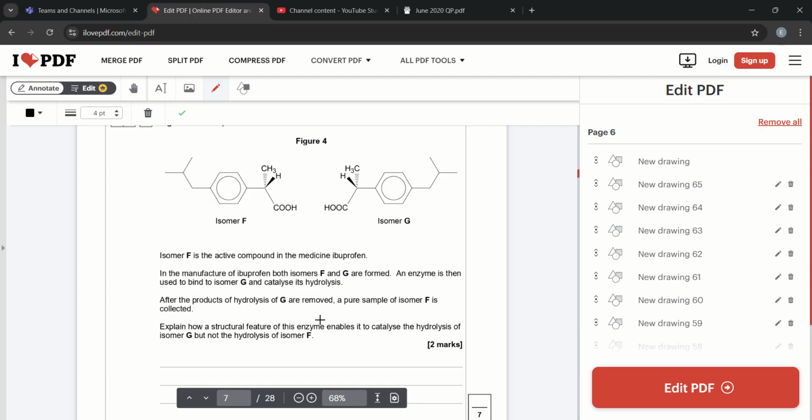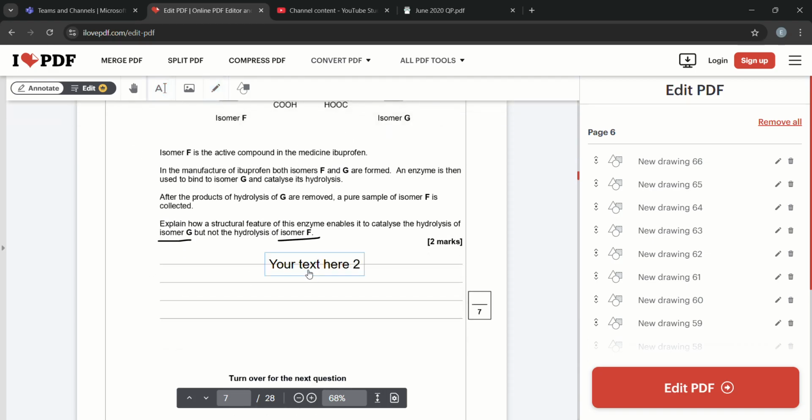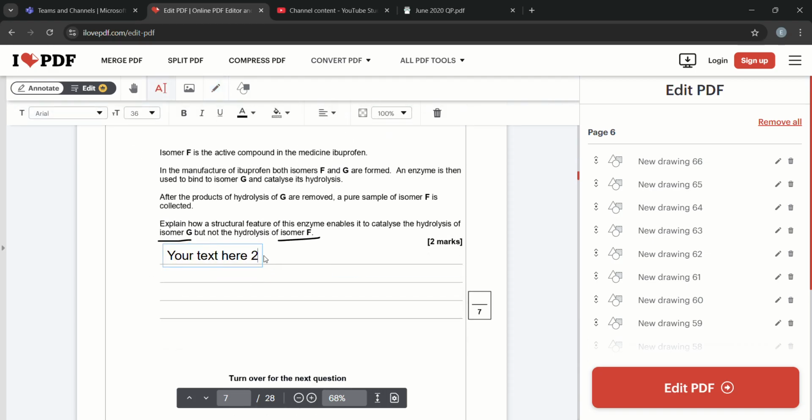So anytime we think about enzymes, active sites, right? So how a structural feature of this enzyme enables it to catalyze hydrolysis of isomer G but not hydrolysis of isomer F? Well, it's all down to the active site.